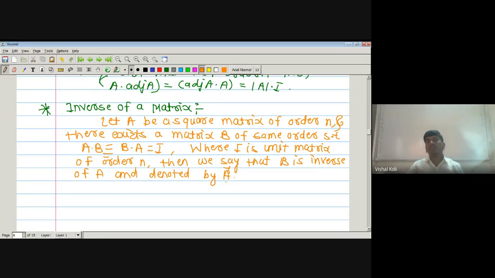If B is the inverse of A, then A is also the inverse of B. Therefore, from the definition, we denote B by A inverse.